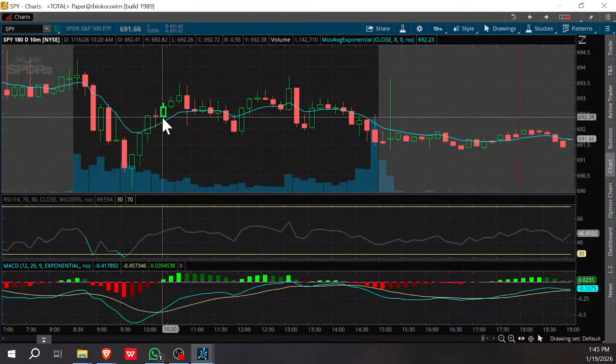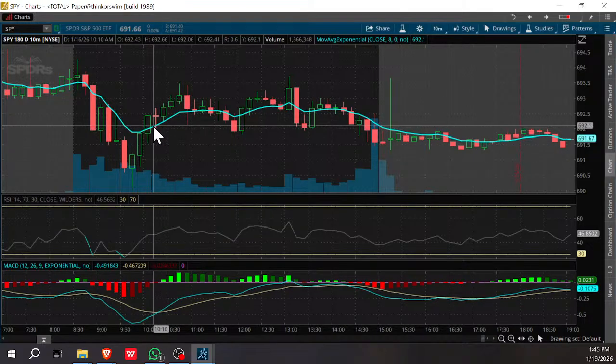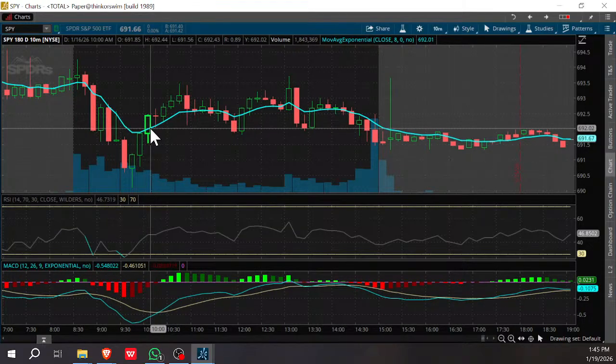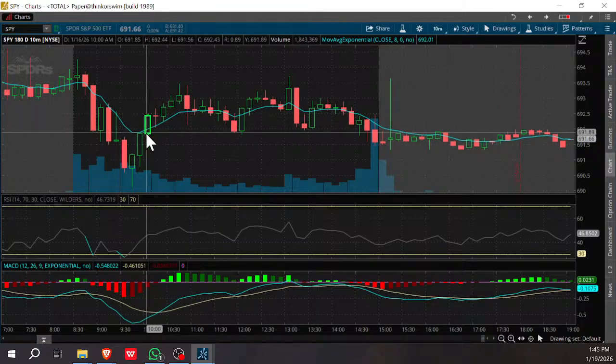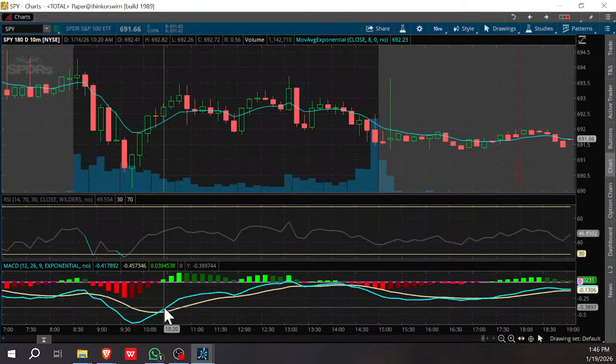But that's why you can use both the RSI and the MACD to see for confirmation. Ya cuando tengas 3 confirmations, like 1, okay, here the price is over the 8 moving average. 2, the RSI is at 50, and 3, the MACD crossed over.